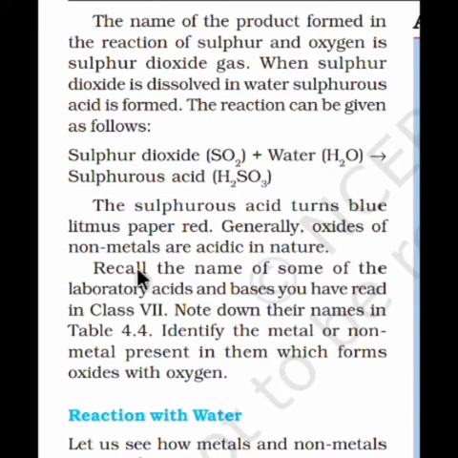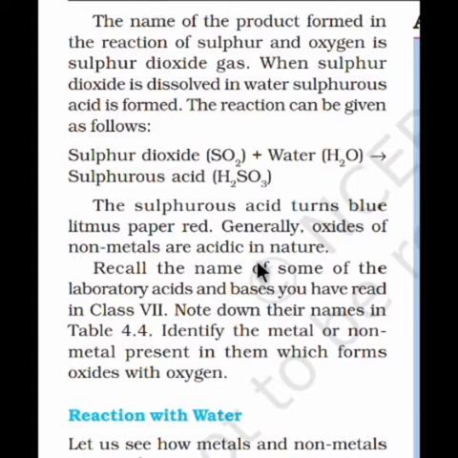Recall the names of some laboratory acids and bases you have read in class 6. You can say sodium chloride, HNO3, sulfuric acid, sodium carbonate; these are all examples of acids and bases. Note down their names in table 4.4 as I say.